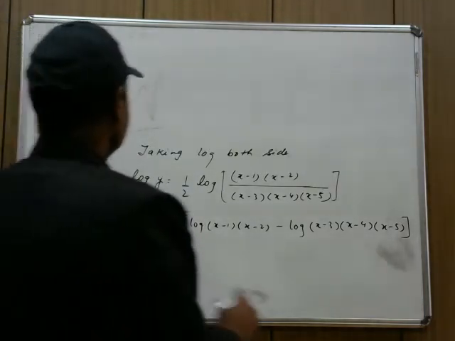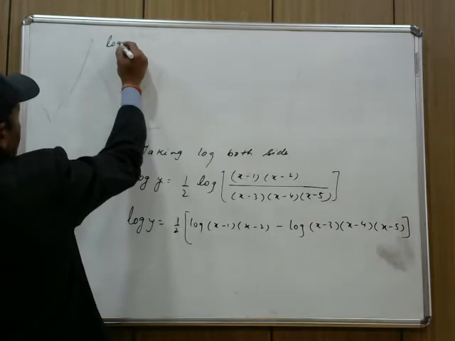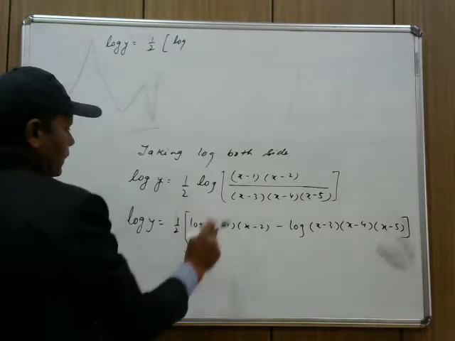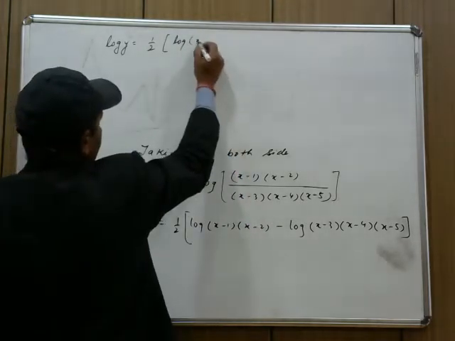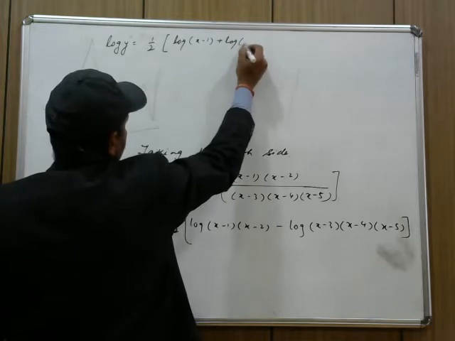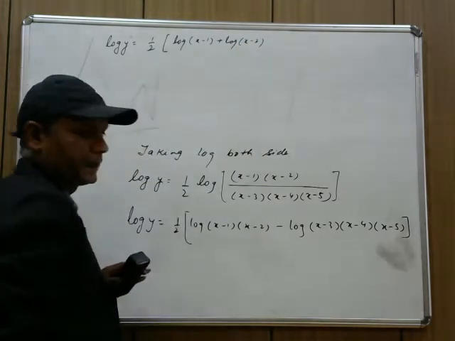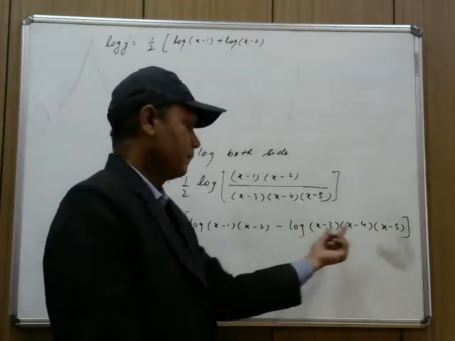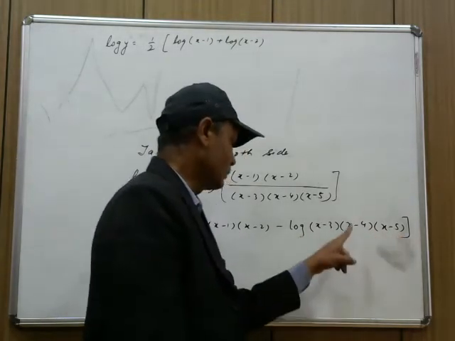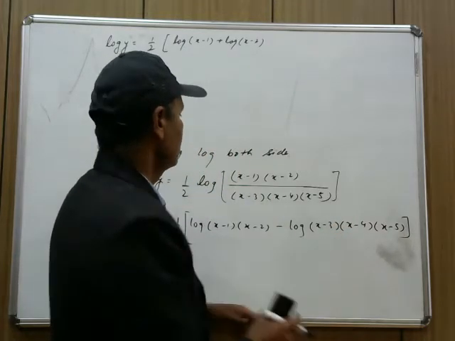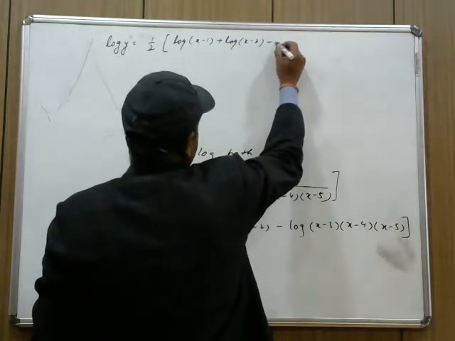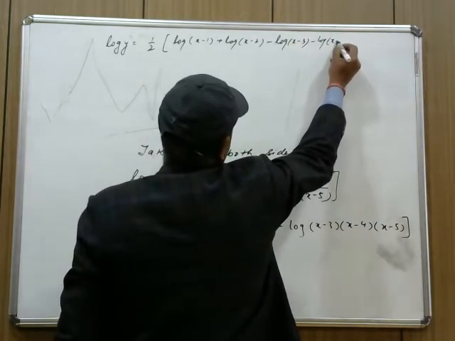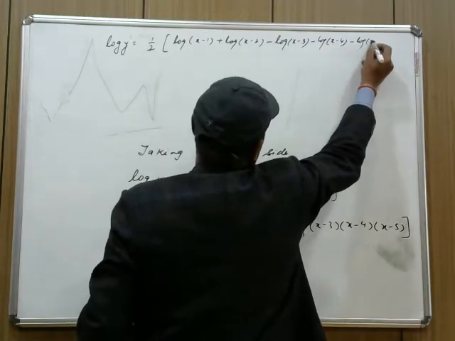Therefore, log of y is equal to half in bracket [log (x minus 1) plus log (x minus 2)], log m plus log n, minus [log (x minus 3) plus log (x minus 4) plus log (x minus 5)]. With the plus signs here becoming minus, I write all terms with a minus now.